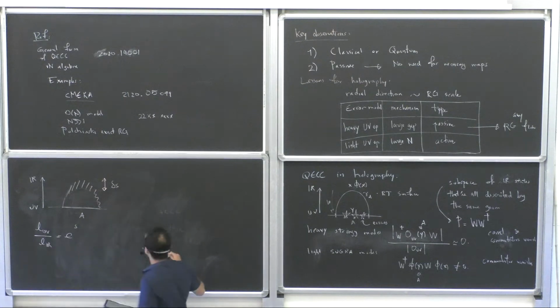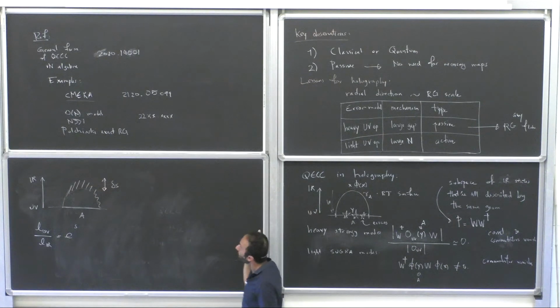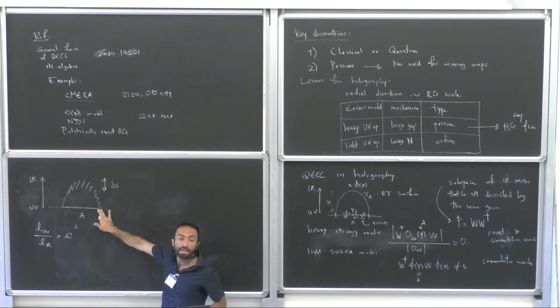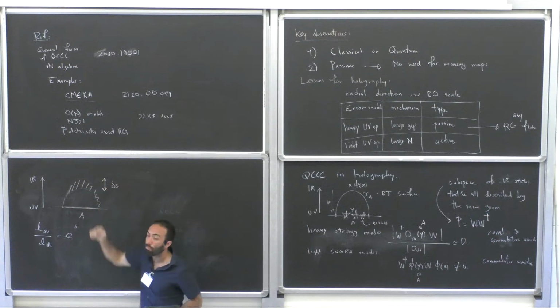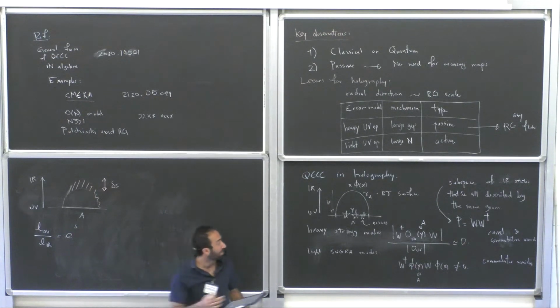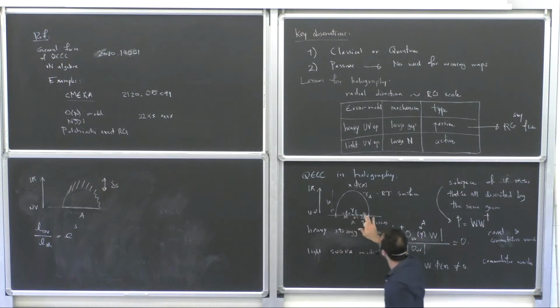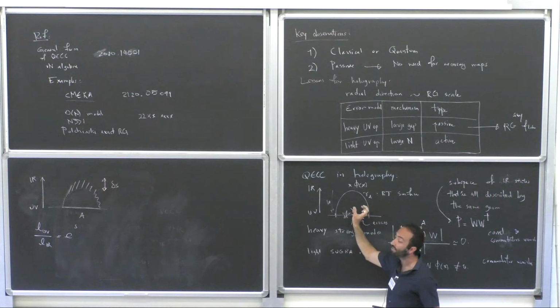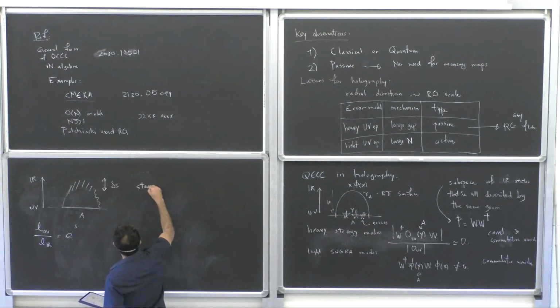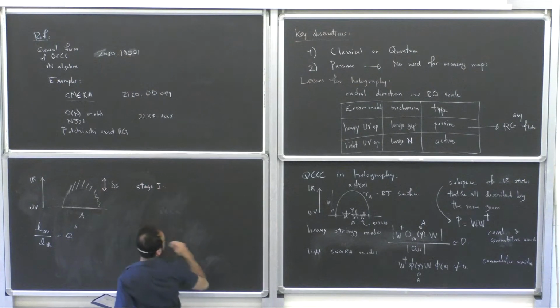And of course, in the case of holography, what you would say is that if you have an operator supported on A, as you go into the bulk, there are two stages to the renormalization of that operator. In the first stage, the support of the operator shrinks exponentially fast, as Brian taught us. So this is stage one.